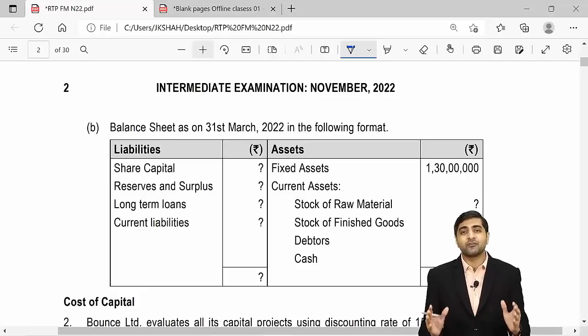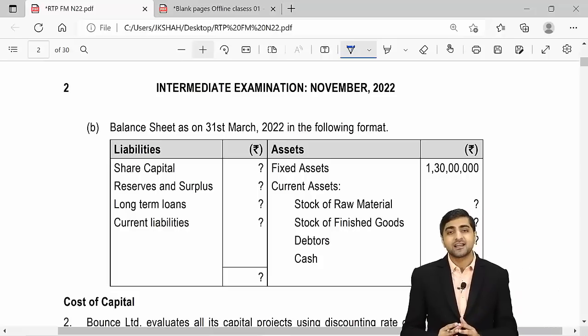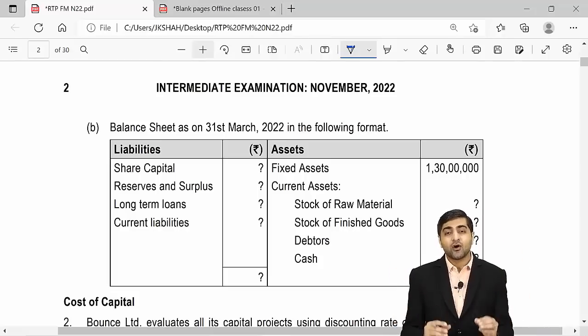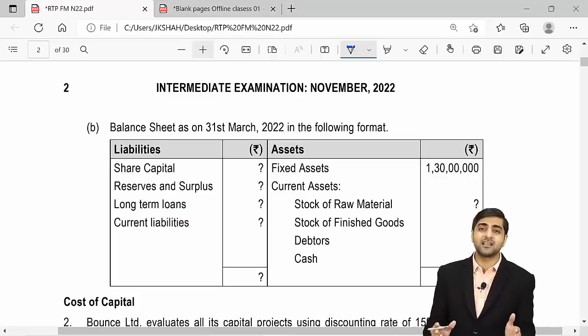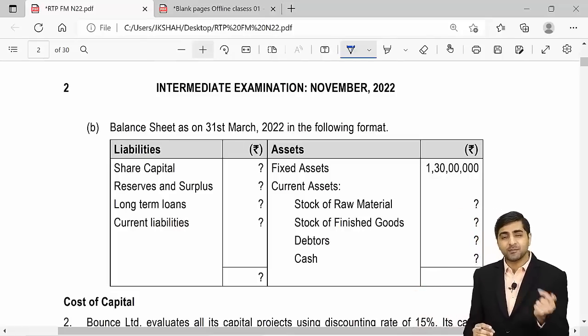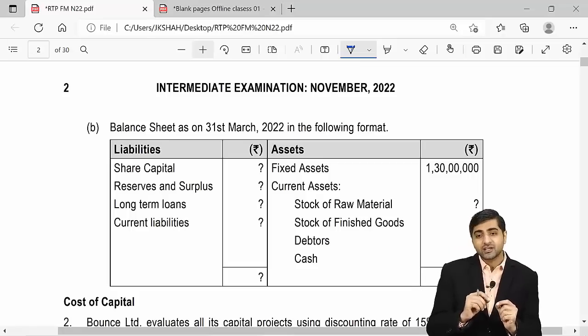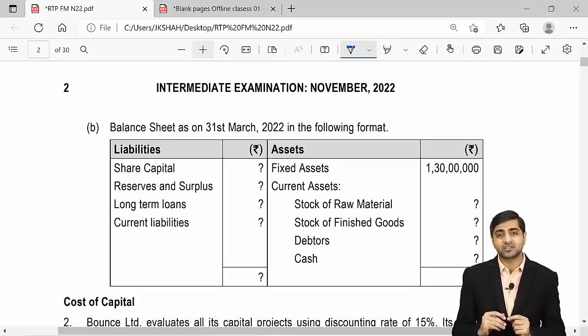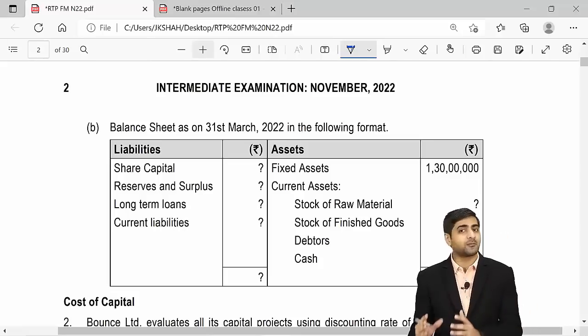Whenever such a question comes in your examination, your first step is to prepare the format of your financial statement. Then we start with the ratios in which this fixed asset is taken into consideration, substitute these figures in the financial statements and complete them.